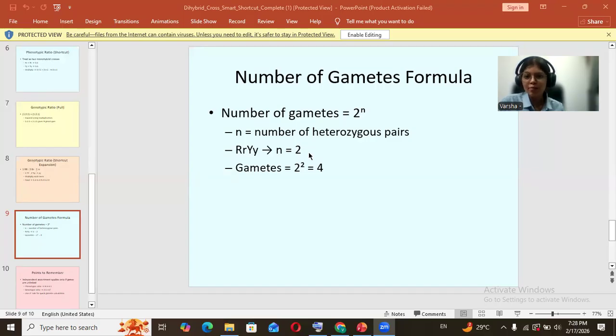We are studying dihybrid cross, which is why I'm telling you two different alleles for one character. That will be 2, and you multiply it by 2, which equals 4. Or you can use the formula 2 to the power n, where n is the number of heterozygous pairs. Heterozygous means having different alleles for a single trait. For example, the F1 generation has dominant as well as recessive genes for both characters, but typically dominant traits prevail.